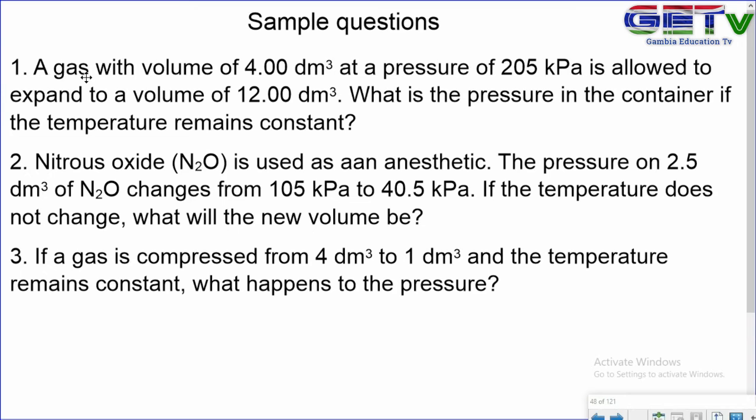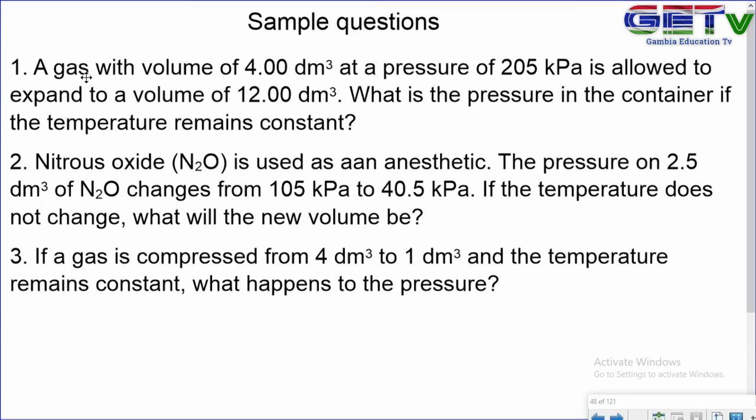The first question reads, a gas with a volume of 4 cubic decimeter at a pressure of 205 kilopascal is allowed to expand to a volume of 12.0 cubic decimeter. So we have two different volumes here. We have our initial volume and then the final volume.